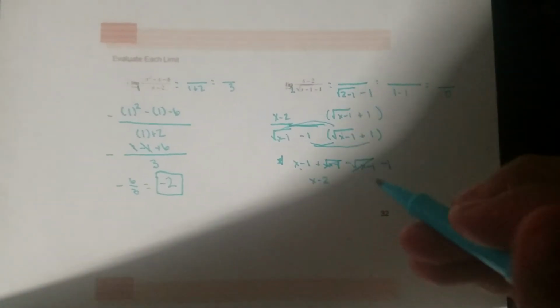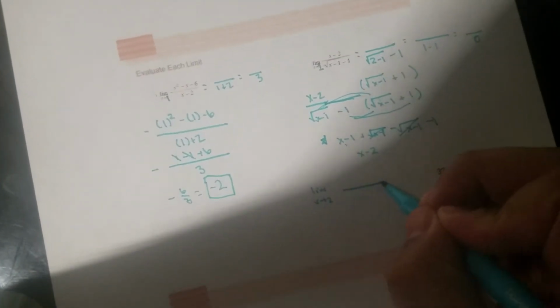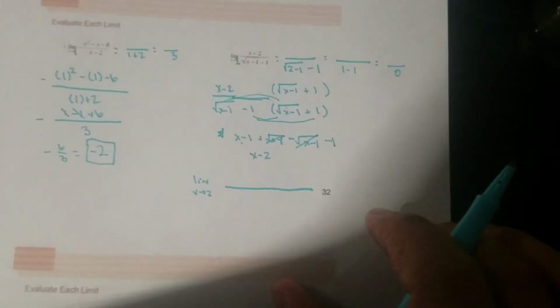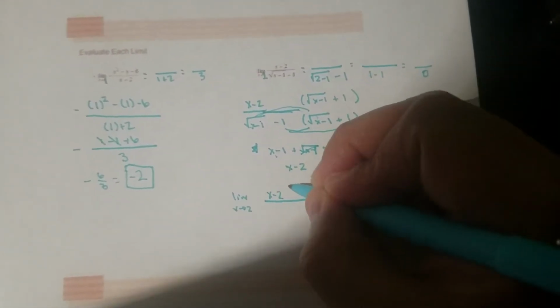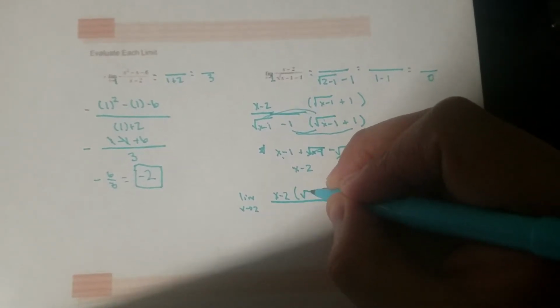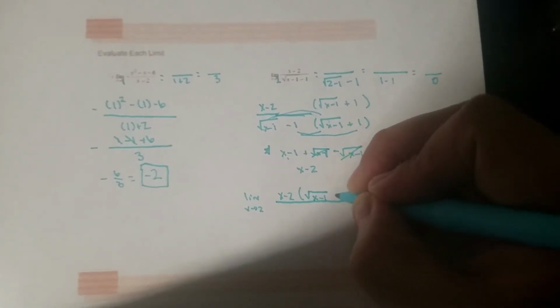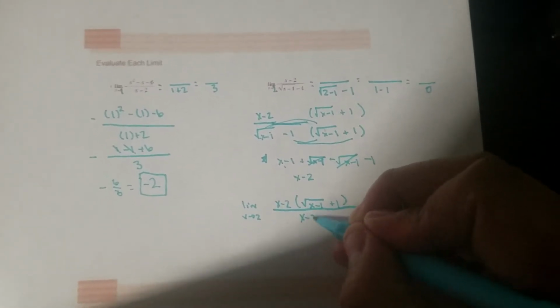So if I rewrite this limit, limit as x approaches 2, again, here on the top, I have x minus 2 multiplied by all this stuff. Don't forget about this: square root of x minus 1 plus 1. And on the bottom, I simplified it to x minus 2.